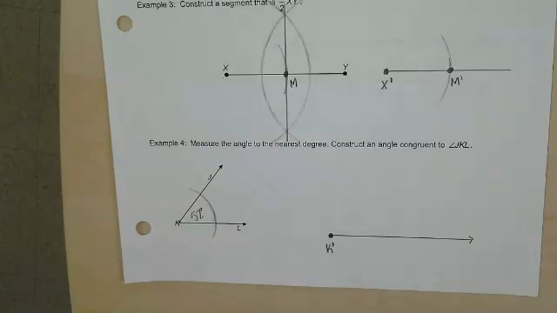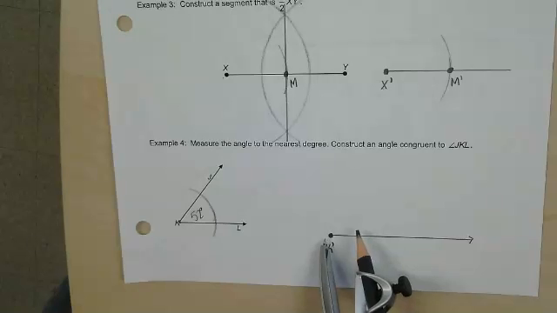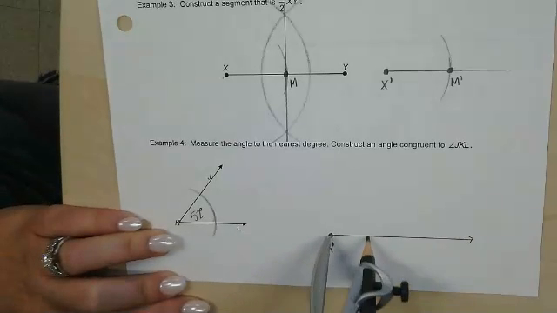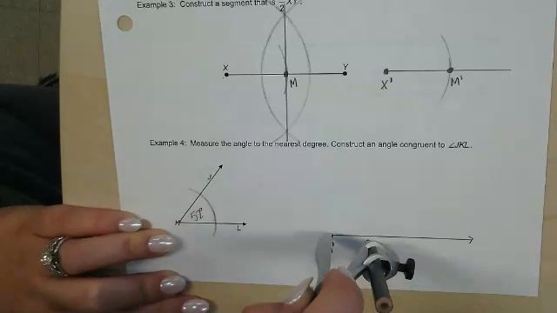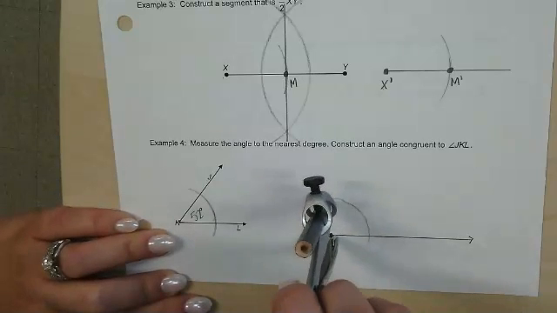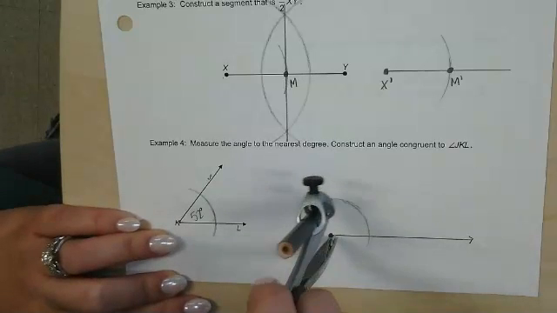Step 3 says without moving your compass, you are now going to place your pointed end on K prime over here and draw another arc just like the one we did here, but you're going to make it a little bit longer, right, to make sure that whenever we go to create our other ray that it goes plenty far. So it goes through the line we've already created and a little bit further than what we previously had.